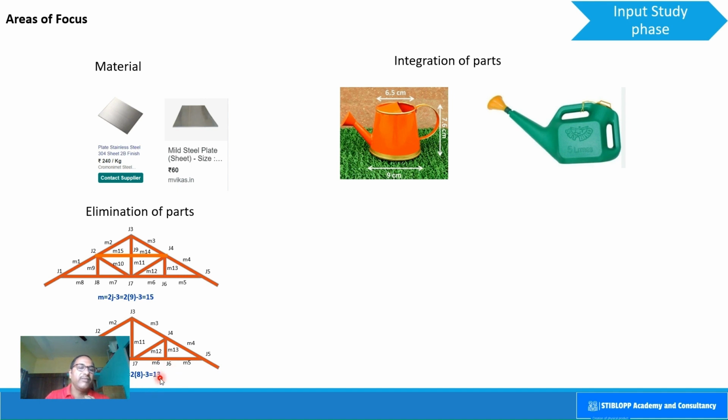And this value of 13 matches the number of members over here. So this is an example of eliminating parts. In this particular case, we can eliminate these two members to get the same desired results. So the first case is a little bit over-designed and the second case is the value engineered design.